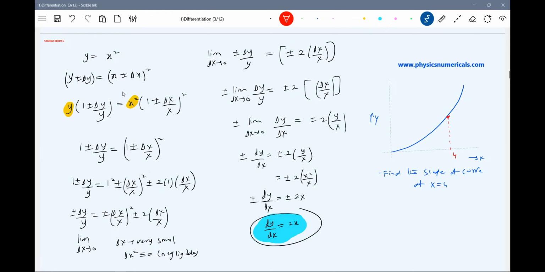Then what I'll do? There I will draw a tangent. What is this red color line? It's a tangent. Then I'll measure theta. Tan theta is nothing but slope. This we know by the geometry method.